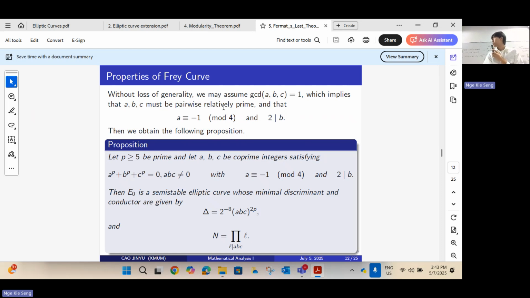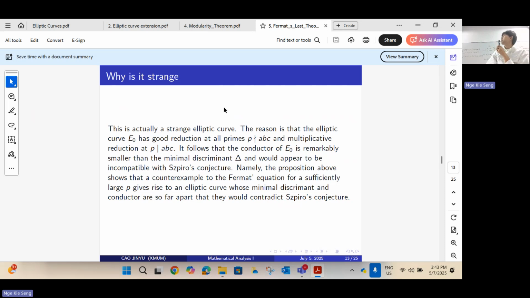So based on the mathematicians' proofs, we have the following propositions. You can find the conductor of the Frey curve and the minimal discriminant of this Frey curve. So actually, the Frey curve is a strange curve. Why is that?